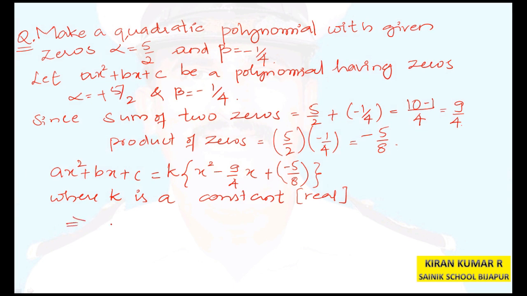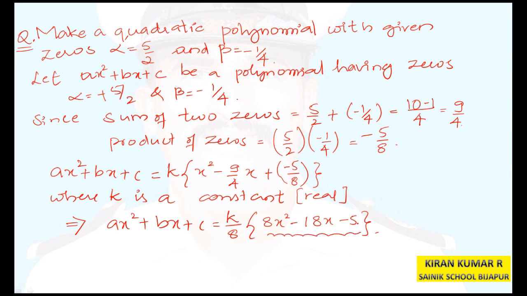This implies ax square plus 3x plus c will be k by 8 times 8x square minus 18x minus 5. This is the given polynomial which is having the roots 5 by 2 and minus 1 by 4.